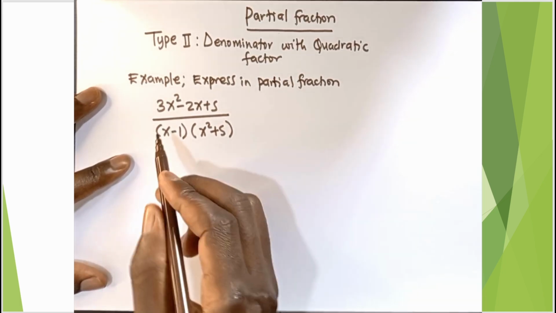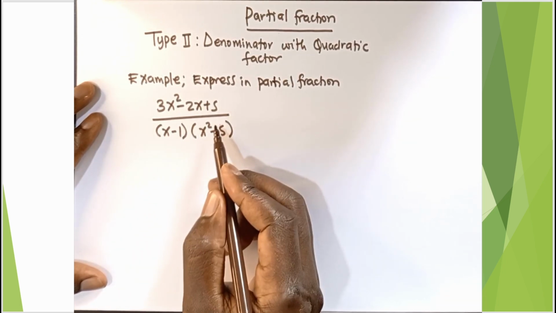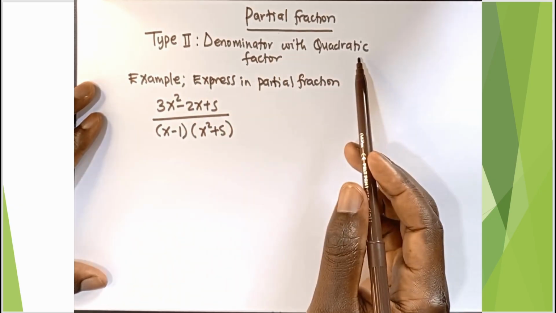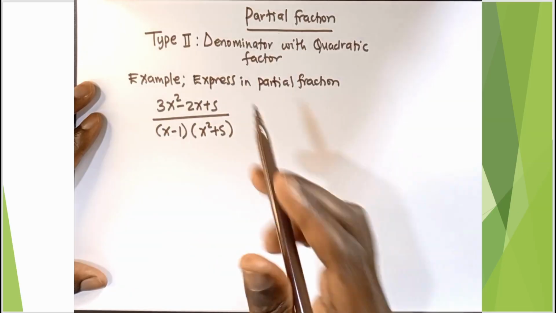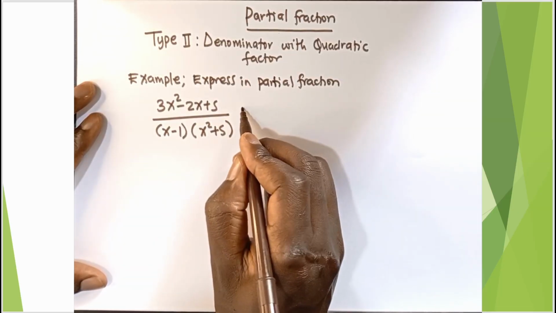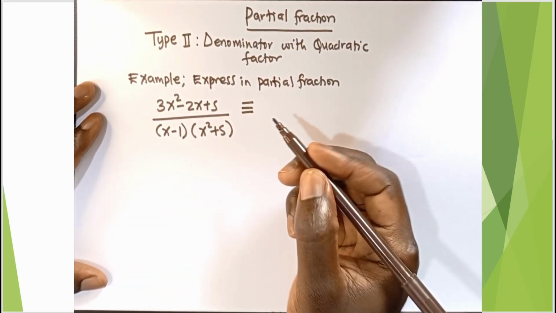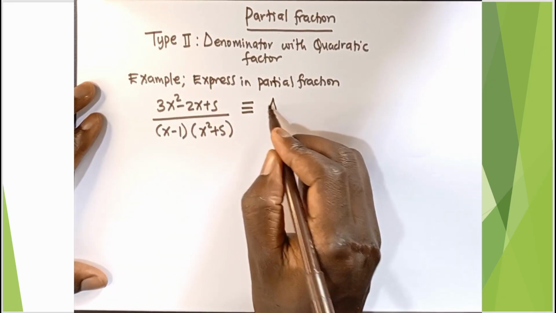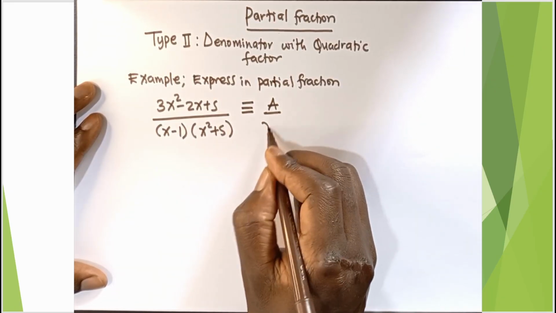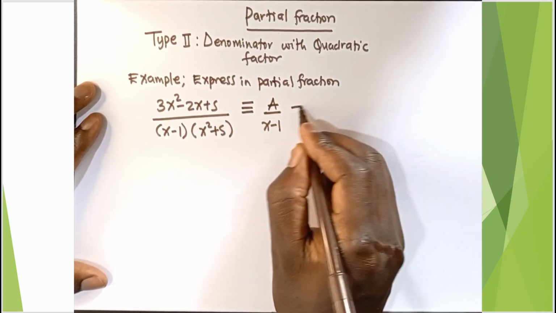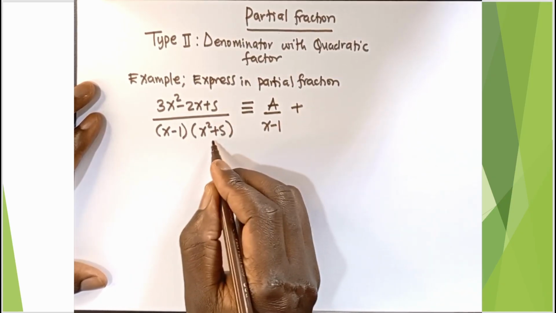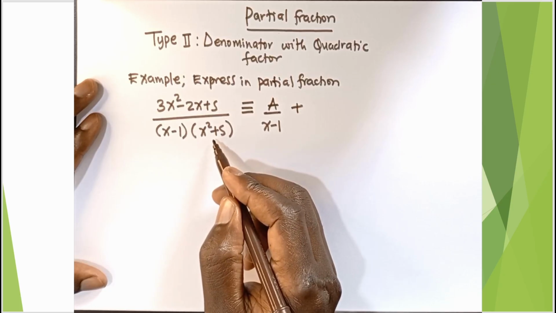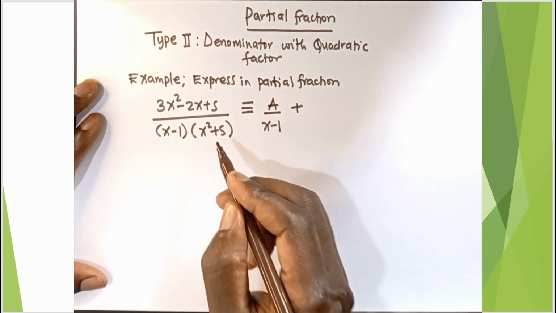So mathematics tells us that if you find such a case, that one is type 2, denominator with a quadratic factor, and this is how you solve it. First, it is identically equal to, now this one is linear, so it follows the linear, that is A out of x minus 1. However, for a quadratic factor, its numerator is linear.